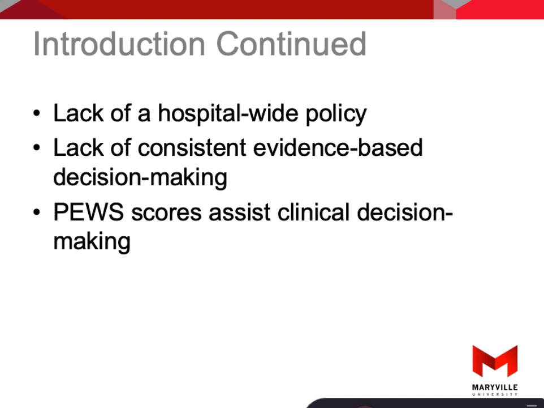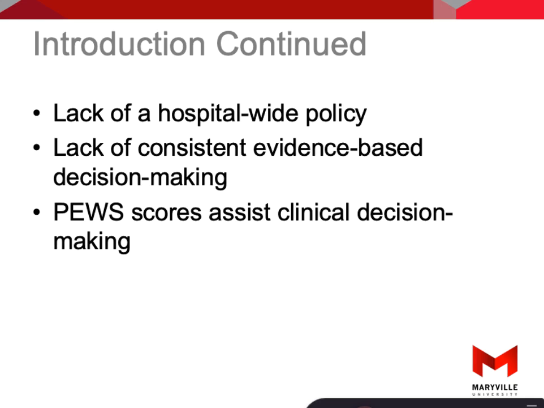The question of inquiry was, does the implementation of a hospital-wide policy that reflects the American Academy of Pediatrics clinical bronchiolitis practice guidelines help decrease the usage of bronchodilators in infants diagnosed with bronchiolitis, and therefore improve pediatric early warning system scores?